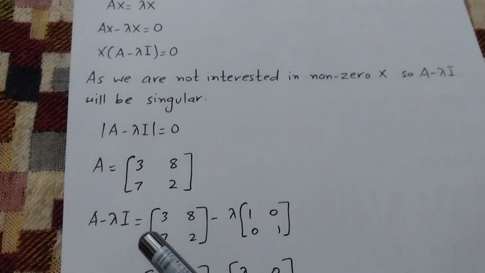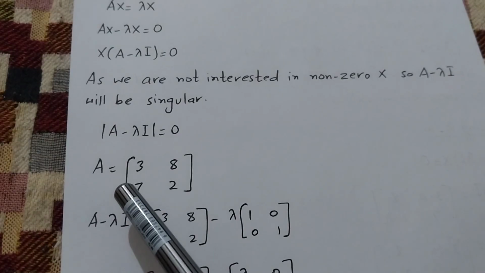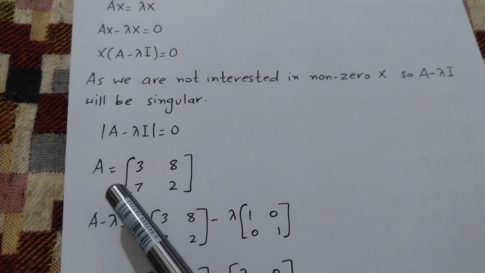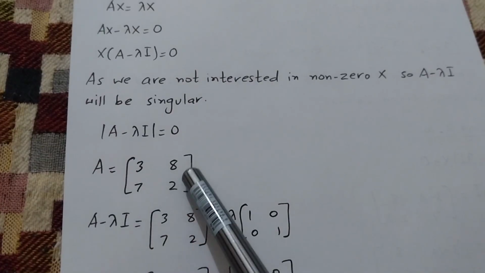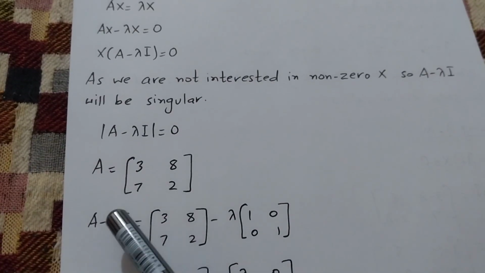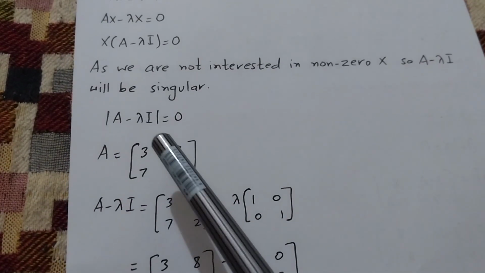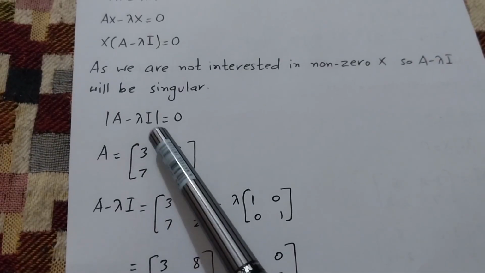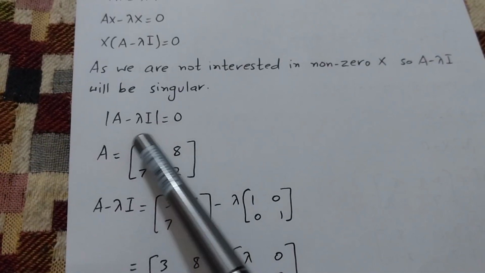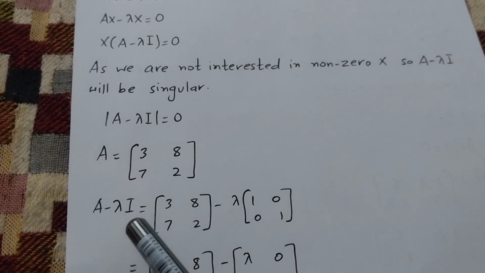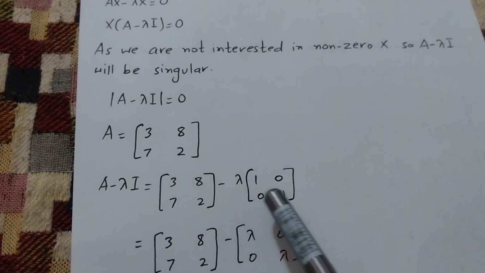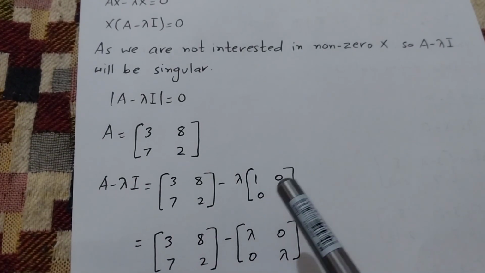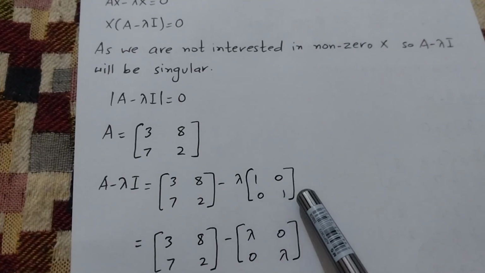And the system which we were given has coefficient matrix 3, 8, 7, and 2. As we have seen that A minus lambda I has 0 determinant, we'll first find A minus lambda I. A is 3, 8, 7, 2 minus lambda into I. I is an identity matrix, so 1, 0, 0, and 1.